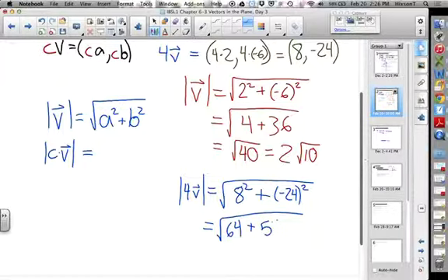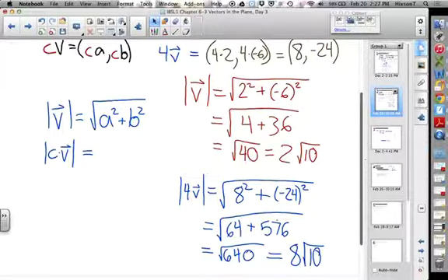And that equals 640. What is the square root of 640? 8 root 10. That's 64 times 10. The square root of 64 is where we got the 8 from. The square root of 10 doesn't simplify, so it's 8 root 10.